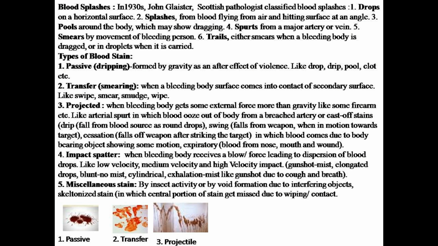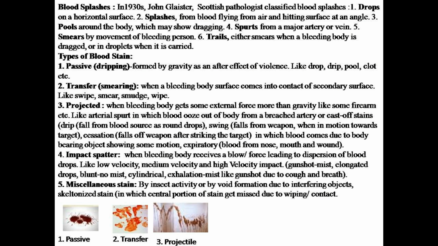The first one is passive spatter. This spattering or splash might have occurred due to gravity after the violence, and this can be of different types, like drops or drip patterns, pools or clots. The second one is projectile spatter, which may happen due to some external impulse or factor.